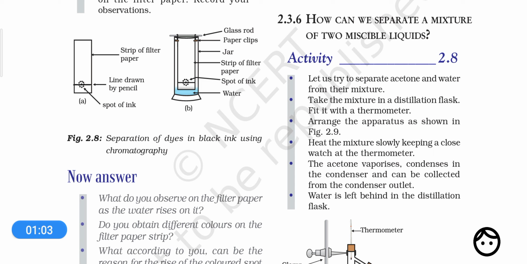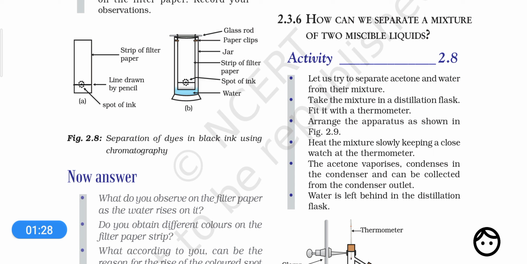Now activity number 2.8. First of all, we will look at this activity. What is written here? Let us try to separate acetone and water from their mixture. We can also take acetone in place of alcohol because acetone is also miscible in water. So if we take a mixture of acetone and water, how will we separate?